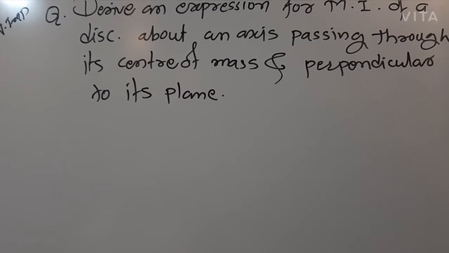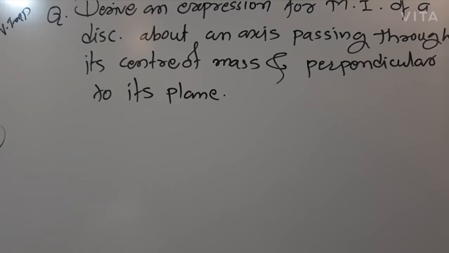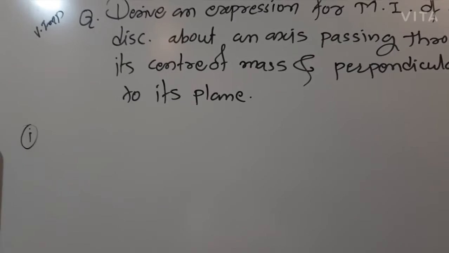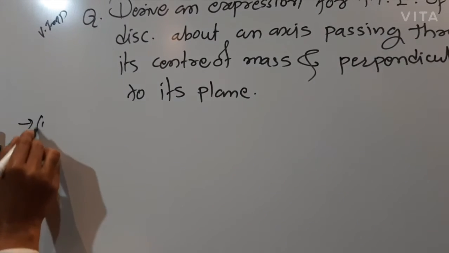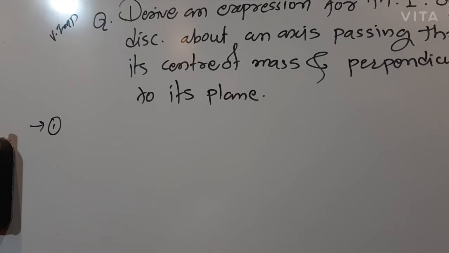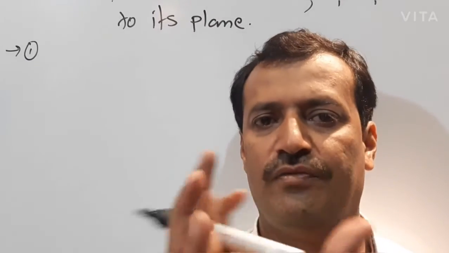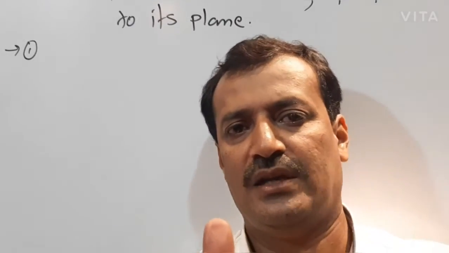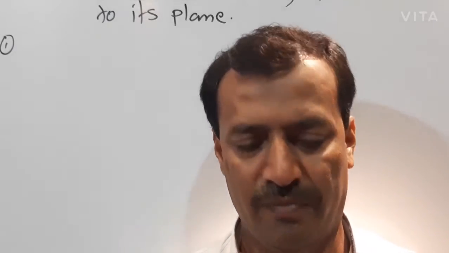We know that the answer will be expressed in 3 points. First point is consideration. So write down our answer, and first point is consideration. We are going to consider a disk of mass M and an axis passing through its center and perpendicular to its plane.